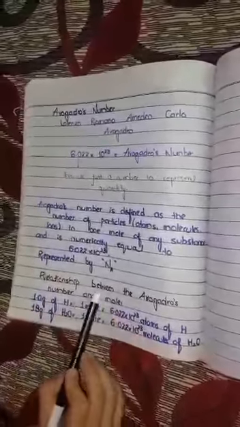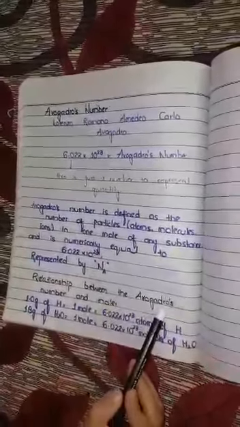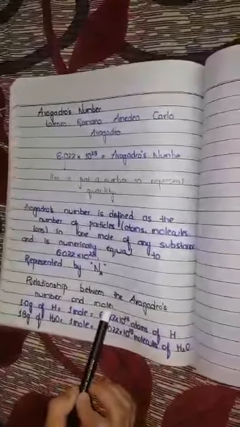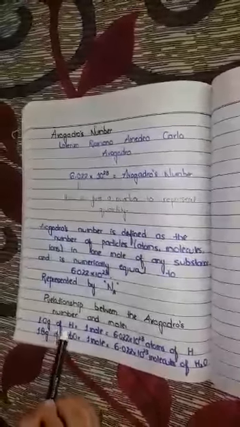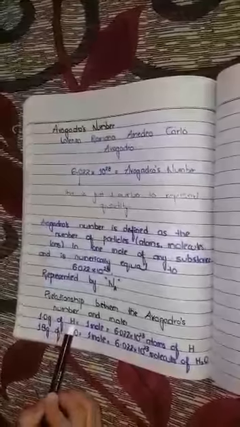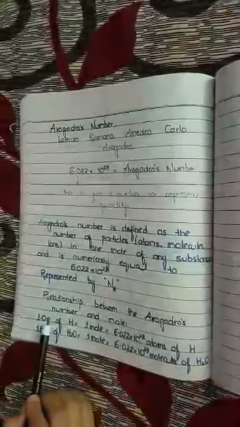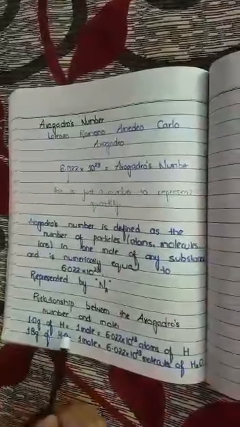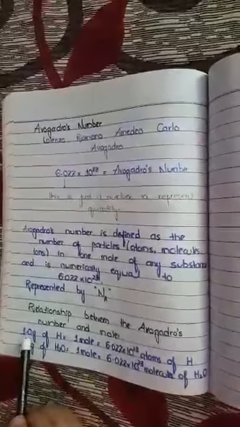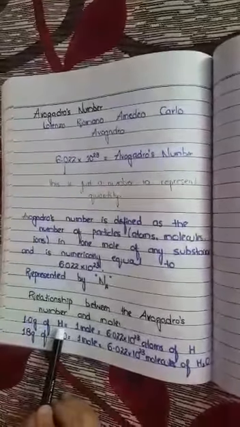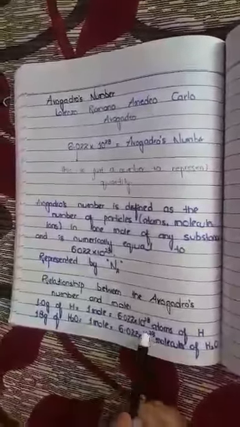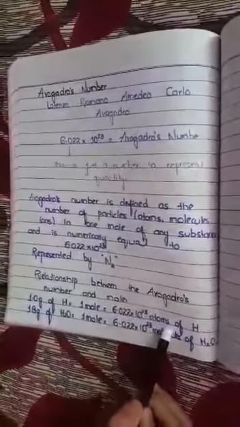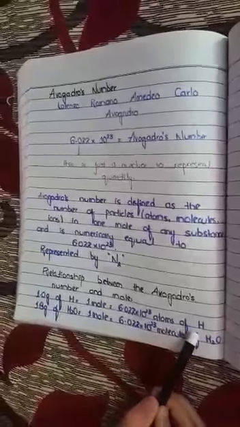Now, what is the relationship between Avogadro's number and mole? As we said, if the mass of an atom or a molecule or any other compound is expressed in grams, it is its 1 mole. So 1 gram of hydrogen is its 1 mole, and this 1 mole is going to contain this many atoms of hydrogen.